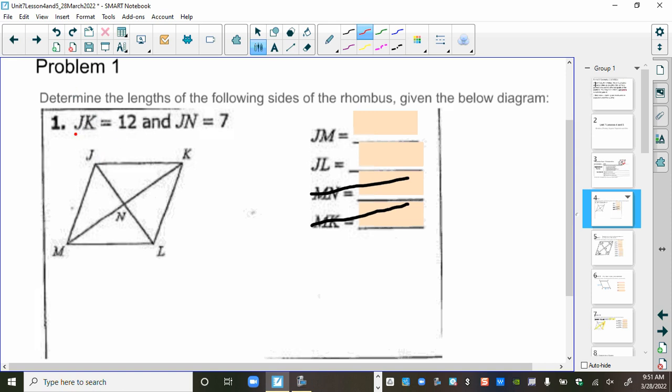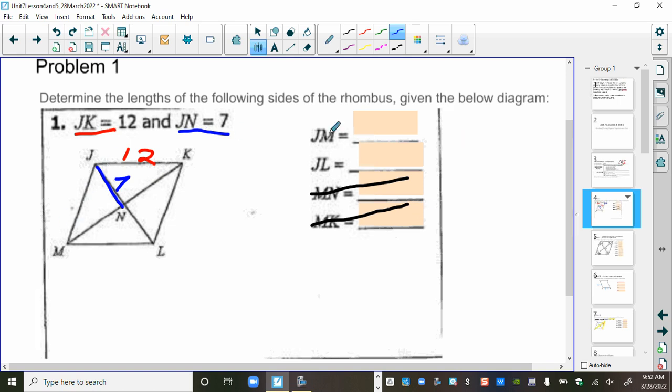So, they gave us JK was 12. And then they said J to N, from here to there, was 7. All right.